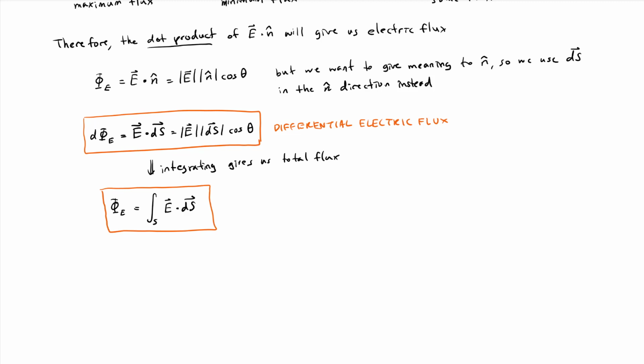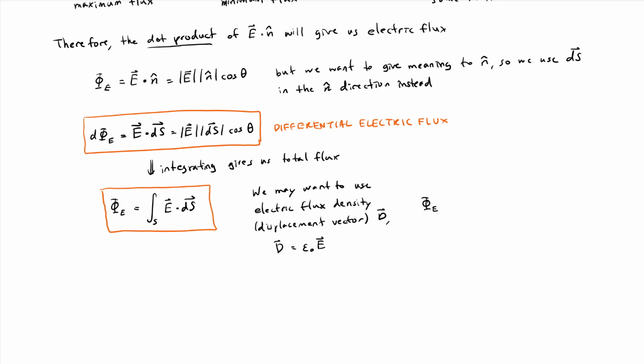And in some cases, we may want to use electric flux density through a displacement vector D. And we're going to define this as D equals epsilon naught E. And if that's the case, then we can rewrite our electric flux equation and simply have the integral of D dotted with ds, and that is equal to epsilon naught E dotted with ds.